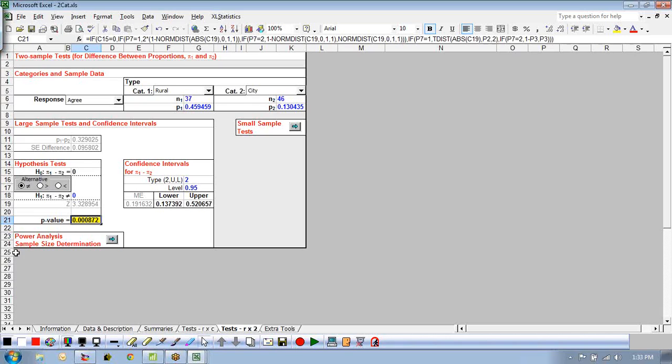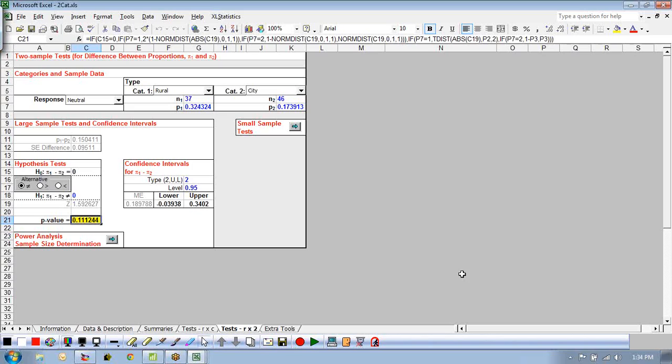P-value of less than 0.05, absolutely, they're different. Let's look at the disagree. Oh yeah, look at that. 5 zeros in front of that 1. That's very small, so the difference between disagrees in rural and city proportions is very significant. And neutral, it's getting there, but no, we cannot say that they are different.